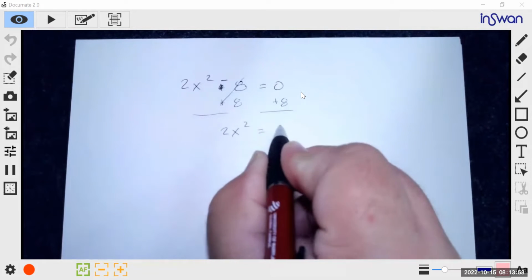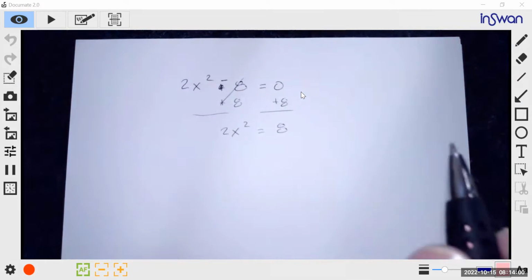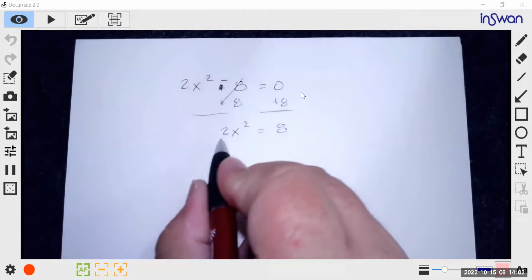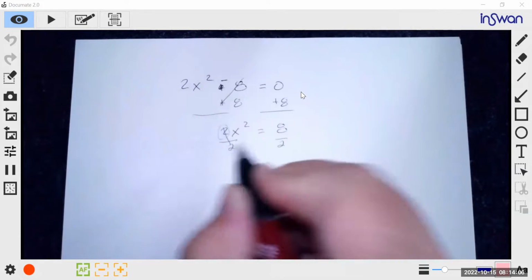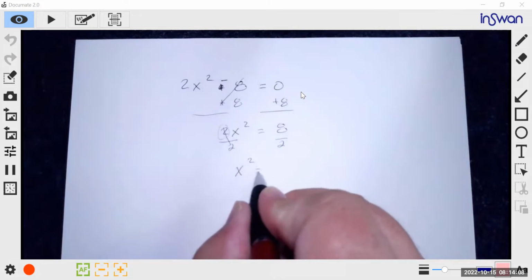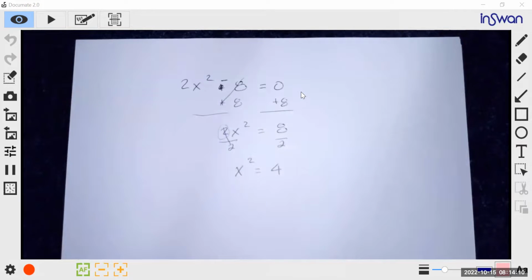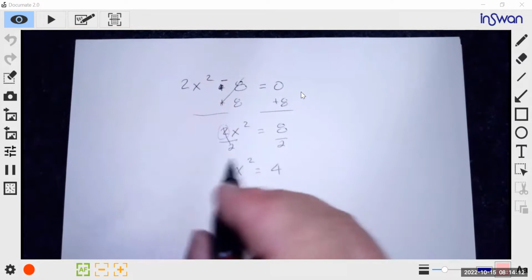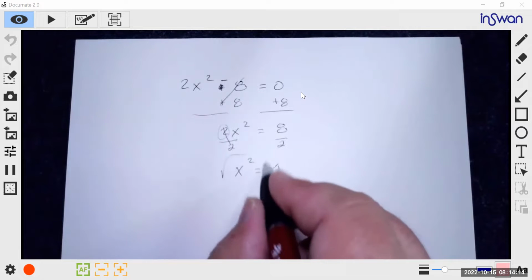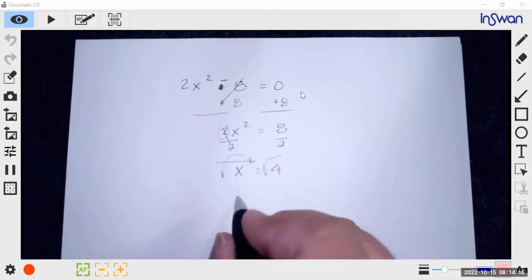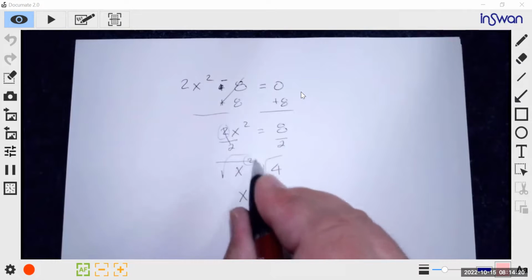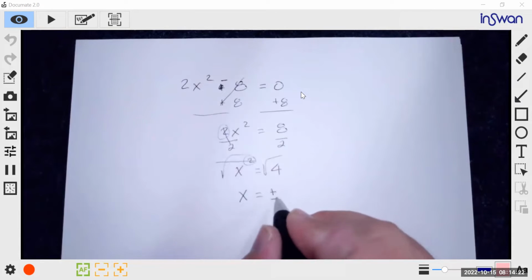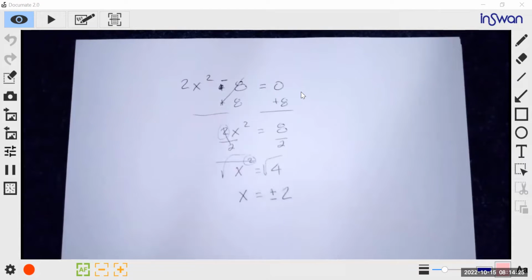So 2x squared equals 8. We have to isolate the x squared, so we have to get rid of the 2. Divide both sides by 2. x squared equals 4. Square root both sides. The square and the square root cancel. Since I square rooted a squared term, it becomes a plus or minus. Square root of 4 is 2.